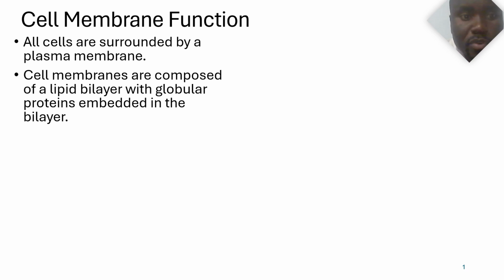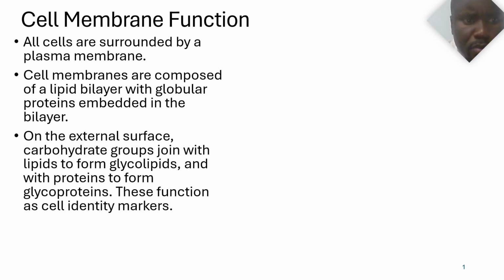Cell membranes are composed of a lipid double layer, or bilayer, of phospholipids that are mixed or embedded with globular proteins, such that on the external side of the cell membrane we have carbohydrate molecules that join with lipids and form glycolipids, and those that combine with proteins form glycoproteins.